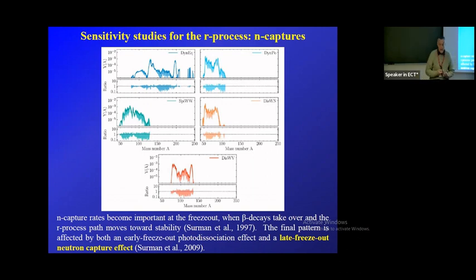But as soon as the neutron fluence decreases, when the so-called freeze-out occurs, so when you have a few neutrons still available in your stellar environment, it is the time when the distribution is shifting back to the beta stability valley. And at that time, having or not still a neutron available may modify the final distribution.